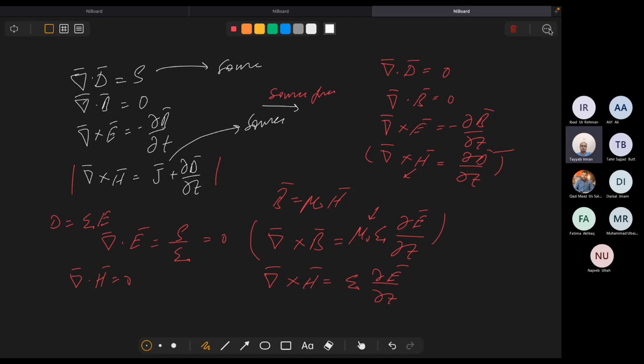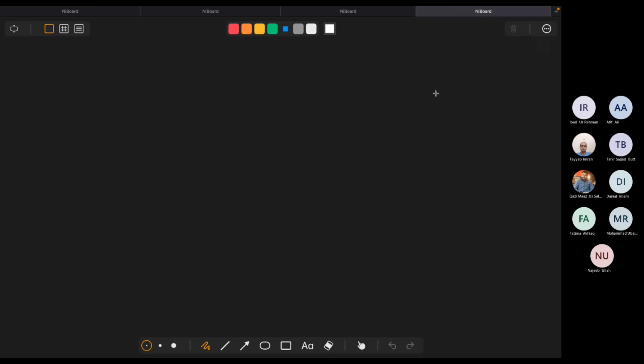Let's see now if the medium is homogeneous. ठीक है. Homogeneous medium.